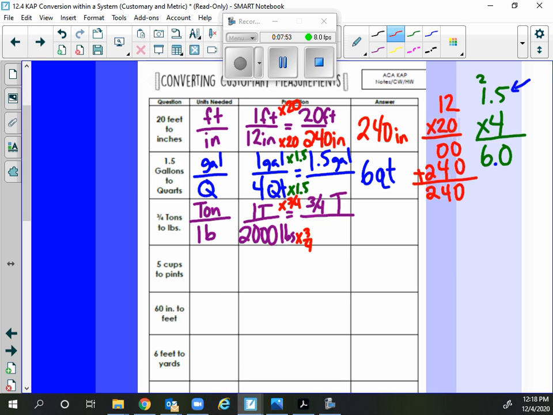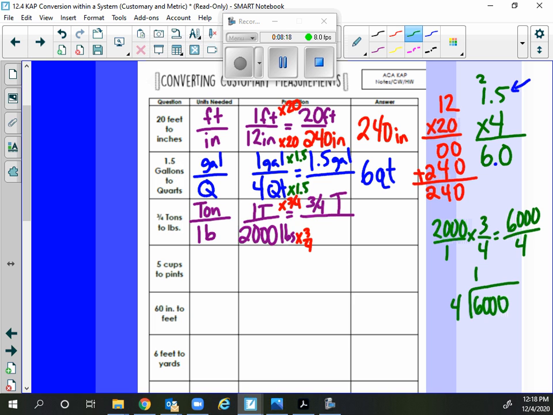So what's going to happen, I'm going to do it off on the side with this green marker over here. I'm going to do 2,000 over 1 times 3 over 4. I'm going to end up getting 6,000 over 4. So then I've got to just simply divide 6,000, the numerator, by the denominator 4. 4 goes into 6 1 time without going over.